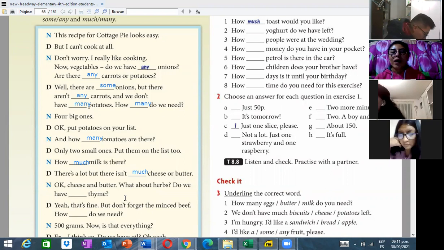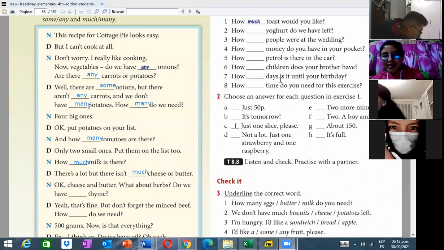What about herbs, right? Imagine, for example, in Bolivia, it's very common to use herbs, right? Nuestras especies, right? That's it. The meaning of herbs, okay? Do we have any?